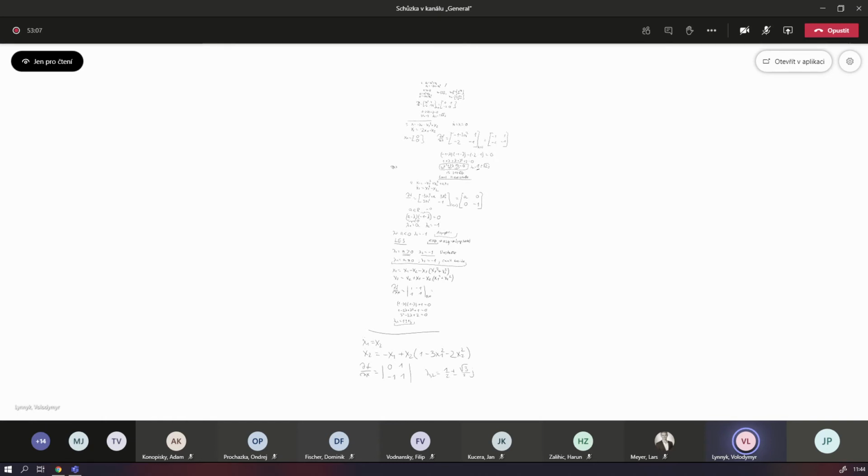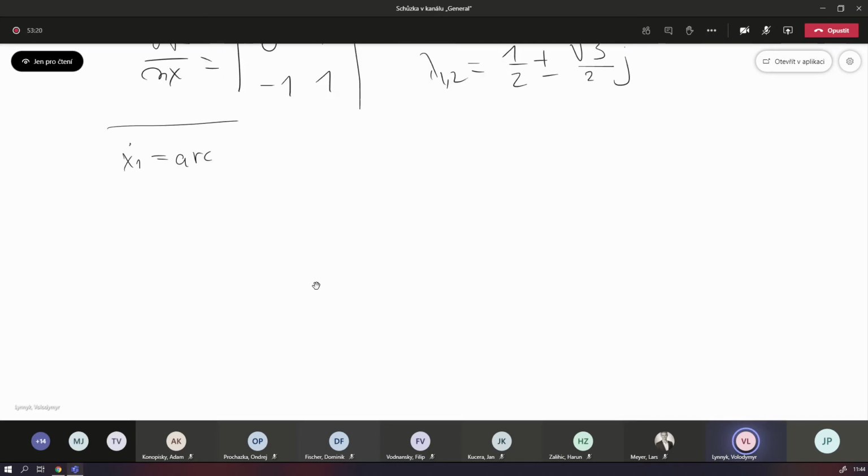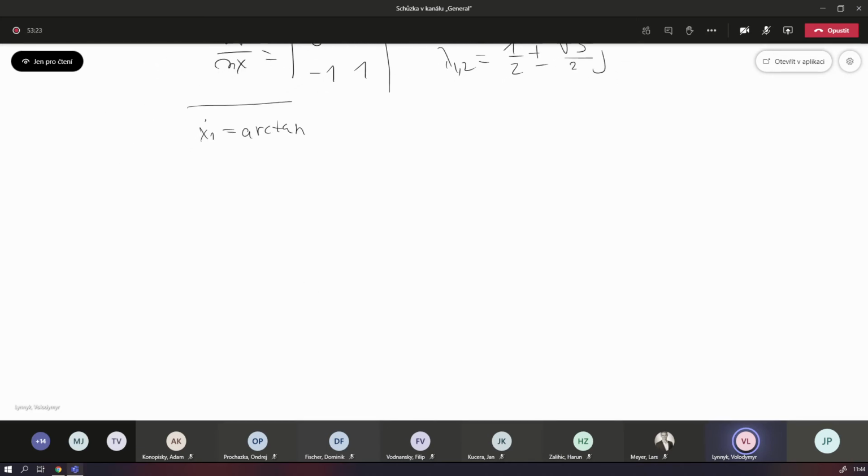Now let's consider the system. Okay, consider the system x1 dot equal to arctan x1 plus x2, x2 dot equal to x2 plus x1 plus (x1 squared minus 1) times x1.